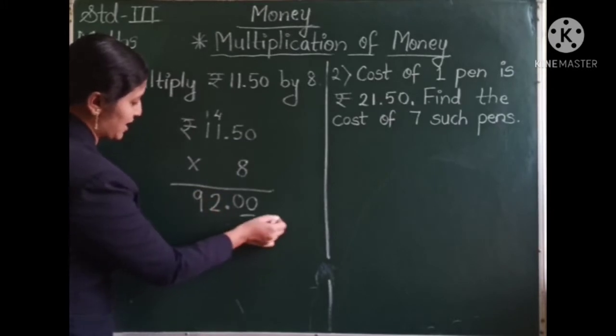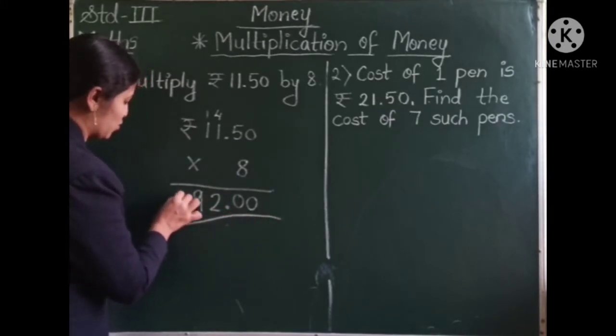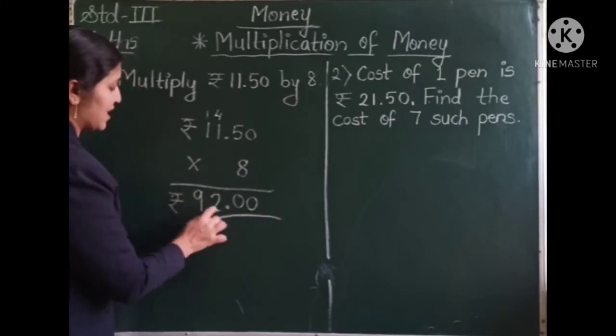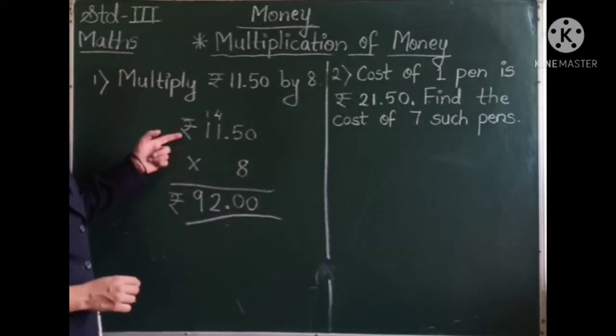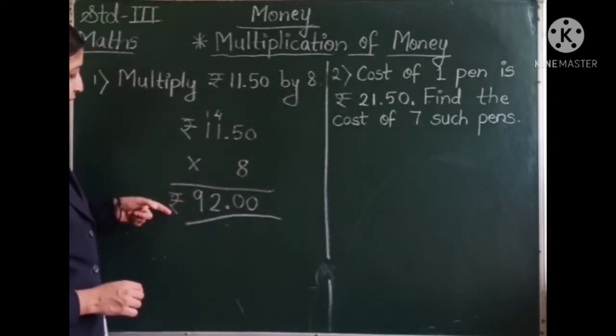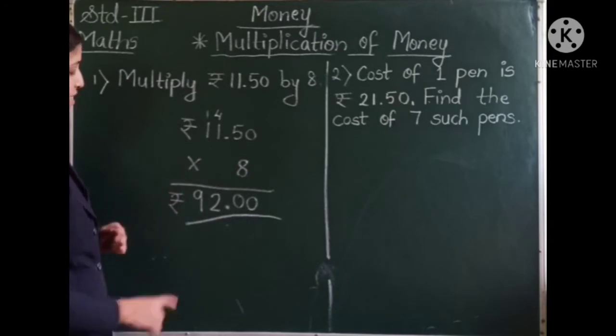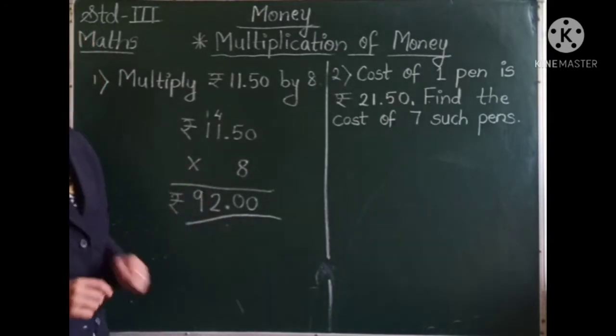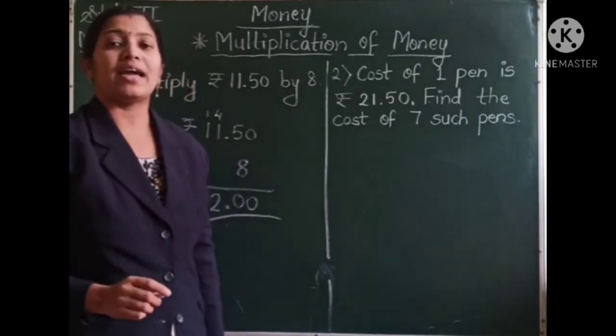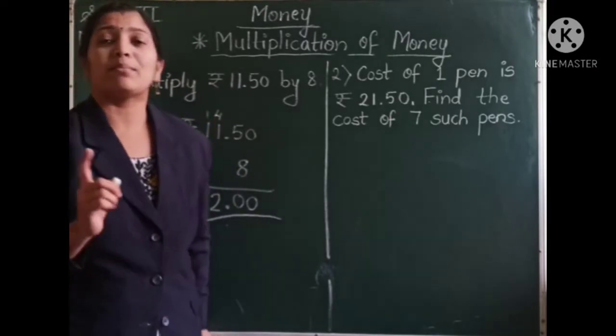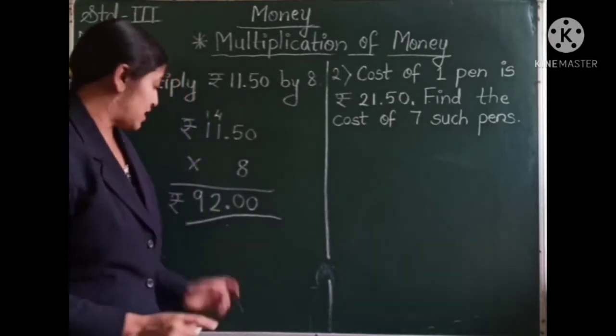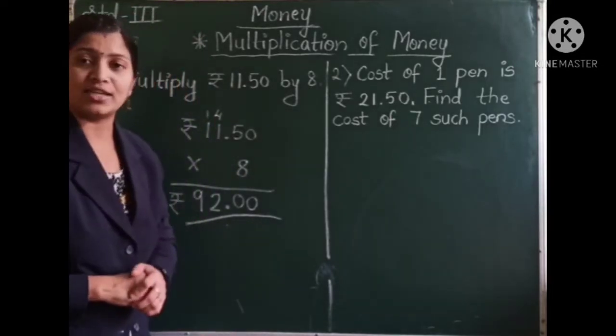So the amount is 92. It means it is rupees 92. Since here the amount was in rupees, I will write here the sign of rupees. So the answer is rupees 92. So if you multiply 11 rupees 50 paise by 8, then the answer is rupees 92.